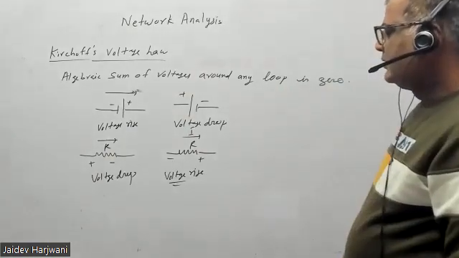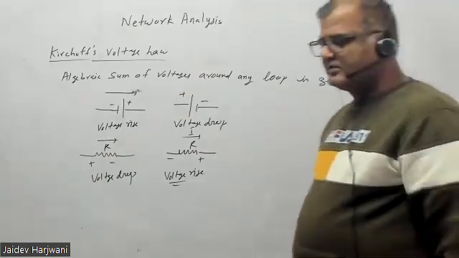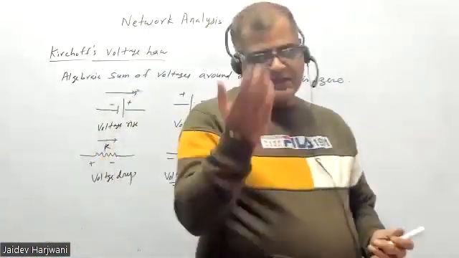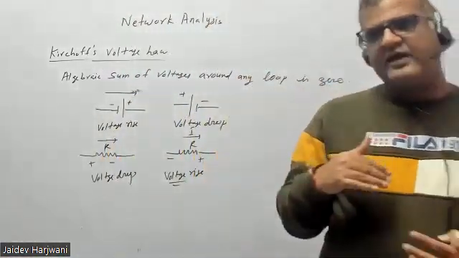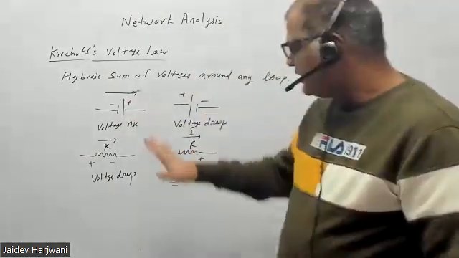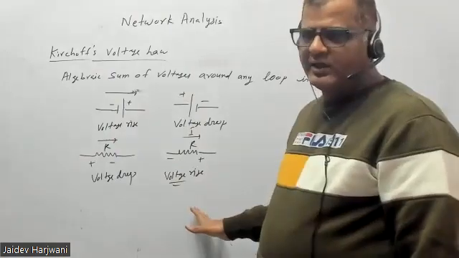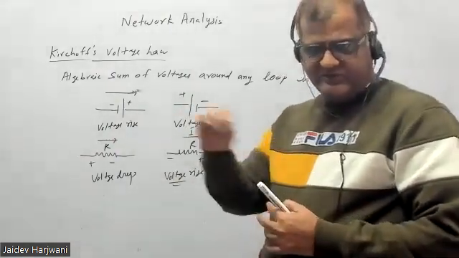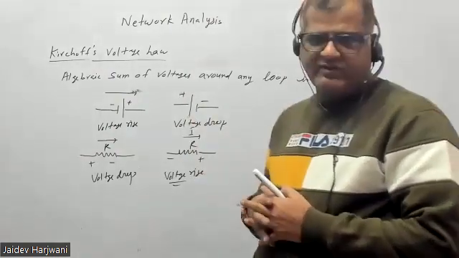Now again, like in Kirchhoff's current law, where we took incoming current positive and outgoing current negative, or outgoing current positive and incoming current negative, similarly here also you can choose. You can choose voltage rise as positive and voltage drop as negative.